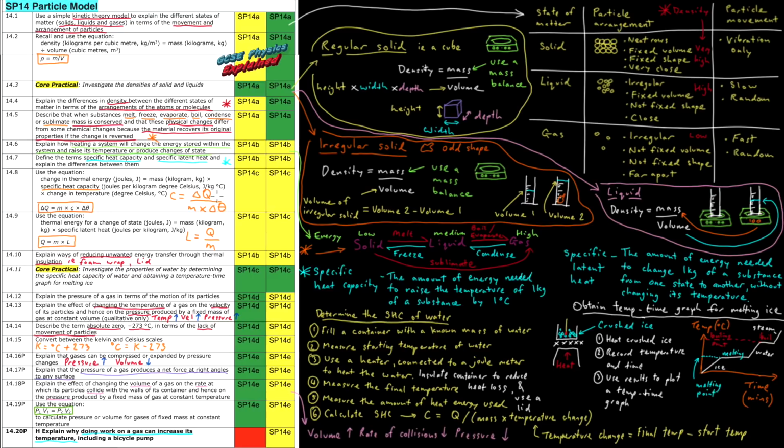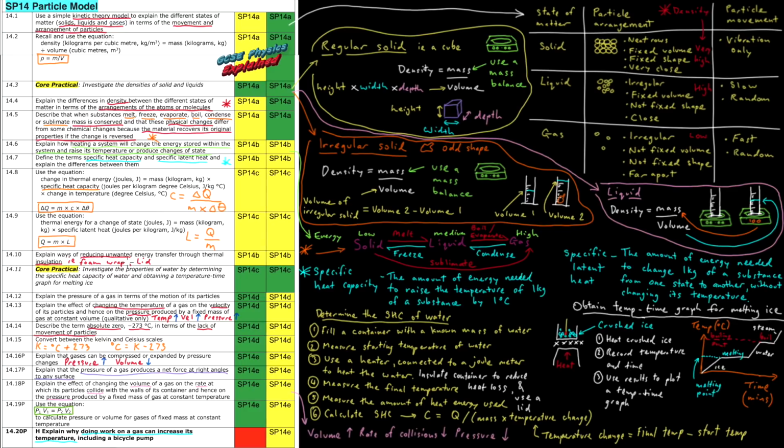So if you know how much energy you're putting into a liquid or a solid, and you know the mass and how much its temperature has changed, then you'll be able to work out the specific heat capacity of the solid or the liquid. Use the equation Q equals M times L. That's the amount of thermal energy needed for a change of state, and that's the mass times the specific latent heat.